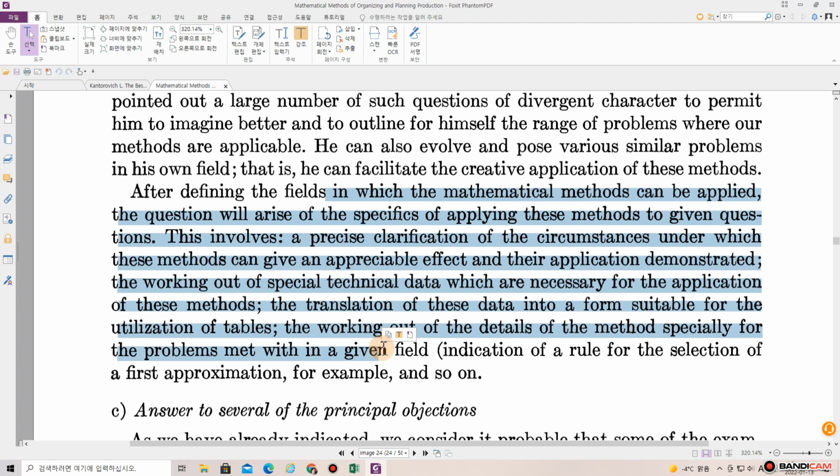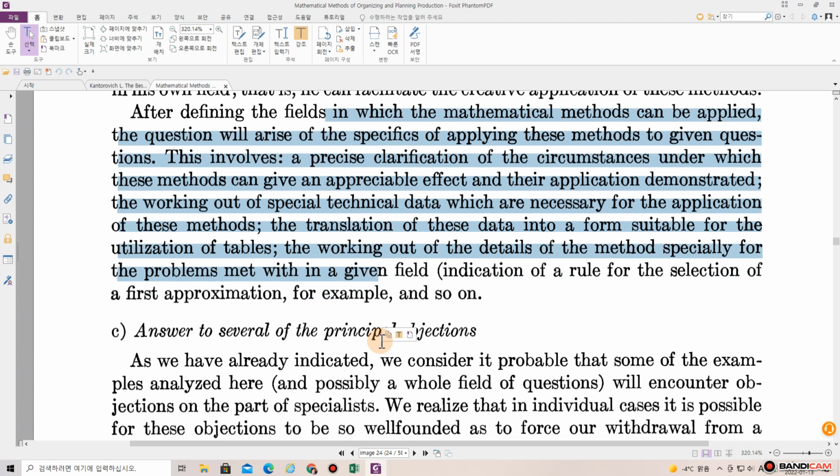After defining the fields in which the mathematical methods can be applied, the question will arise of the specifics of applying these methods to given questions. This involves a precise clarification of the circumstances under which these methods can give an appreciable effect and their application demonstrated.